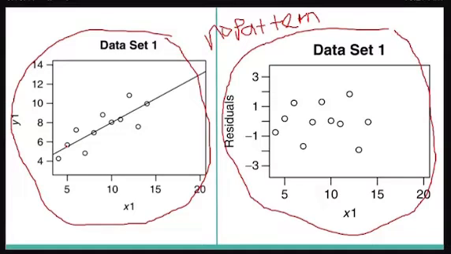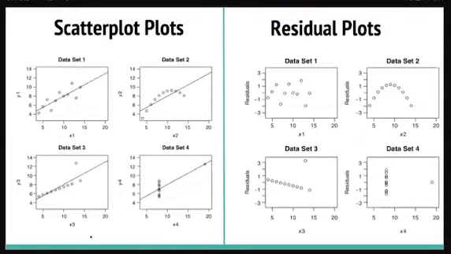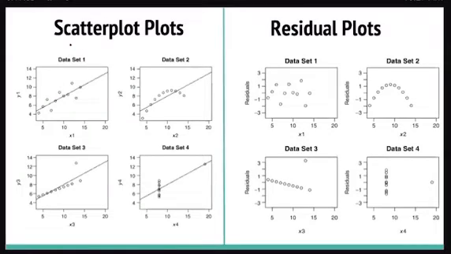So for this data set, that is a corresponding residual plot. Now I'm also going to show you a corresponding residual plot for data 2. Now I want to show you for all the data. I need you to pay attention.